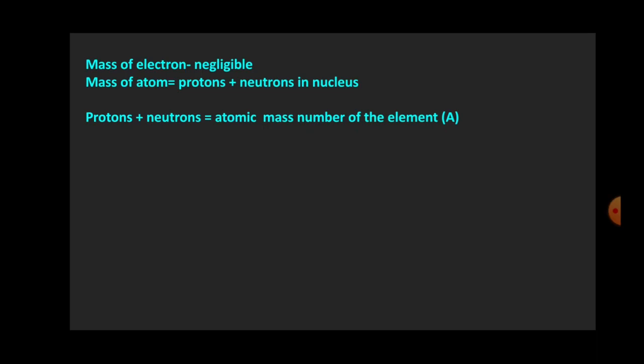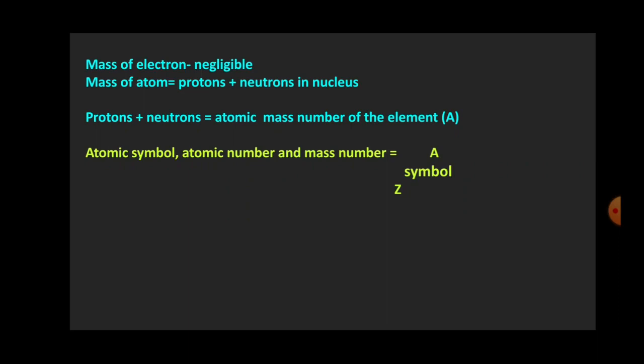So protons plus neutrons is equal to the atomic mass number of the element, and it is denoted by A, right? Now the atomic symbol, atomic number and mass number.